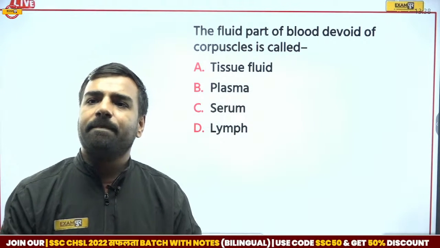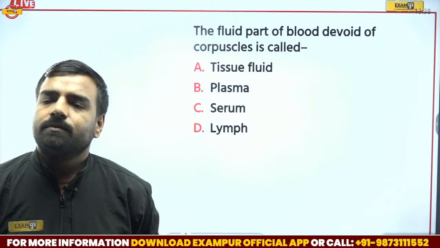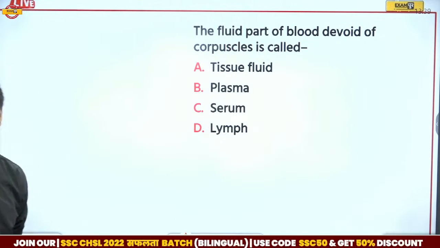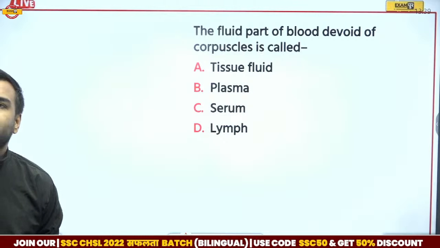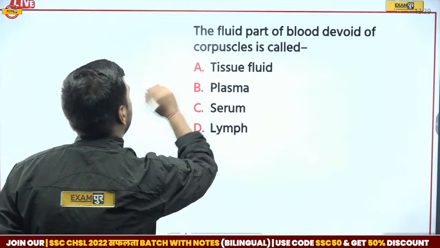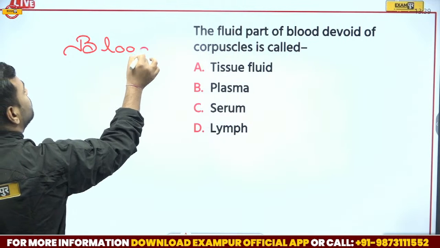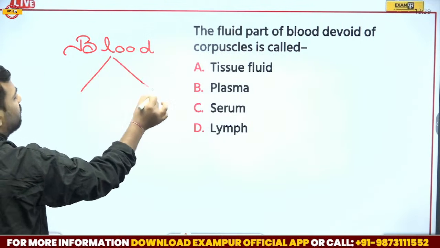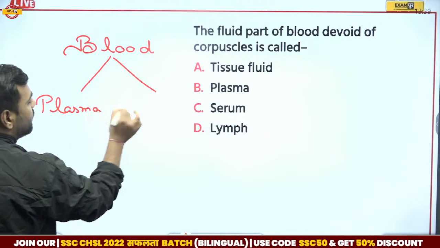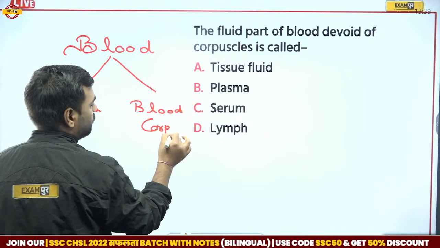Jagdishan is going with serum. Mission NDA is going with B. GI is going with B, that is plasma. Okay, plasma. Fine. Please remember, whenever we talk about blood, we have two things: plasma, and blood corpuscles.